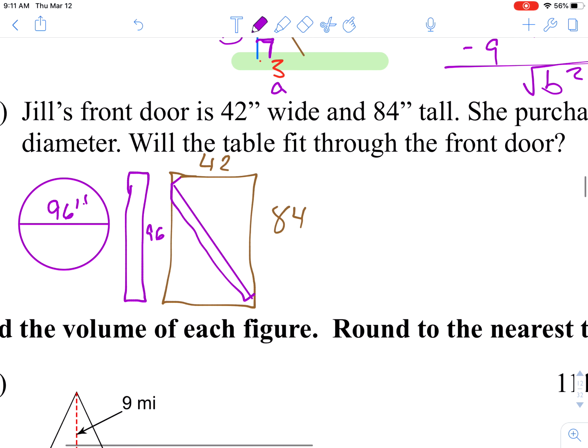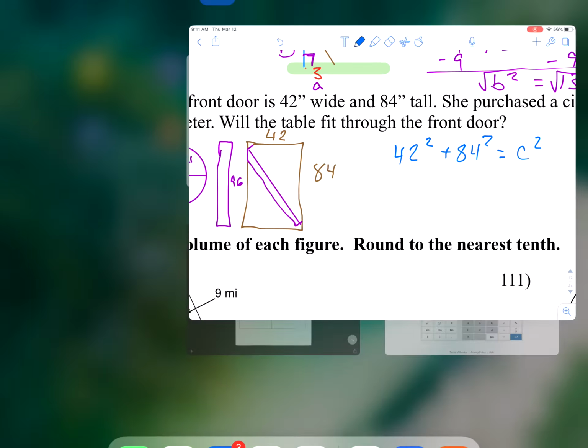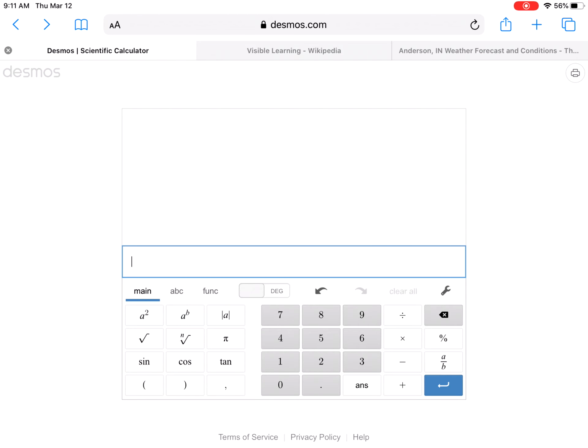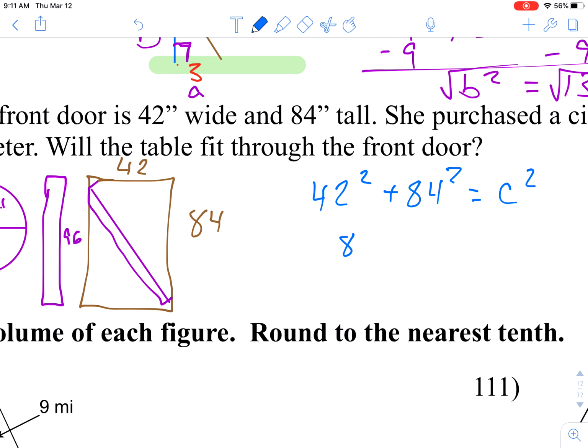And so to do that, what we have to do is we have to do 42 squared plus 84 squared is going to be equal to c squared. And so we're going to start there. So 42 squared plus 84 squared is 8820. So 8820 is equal to c squared.